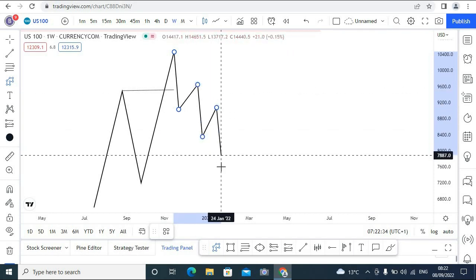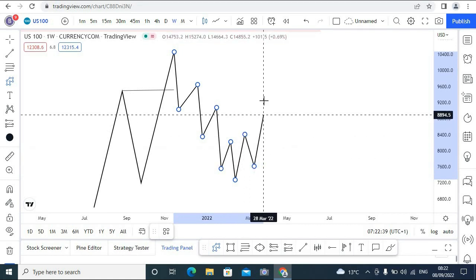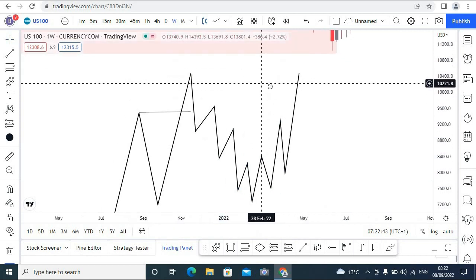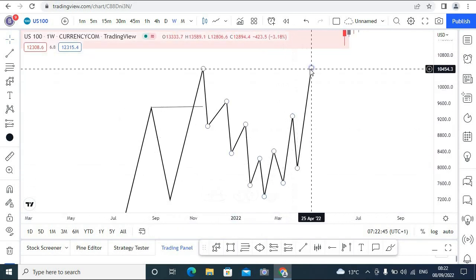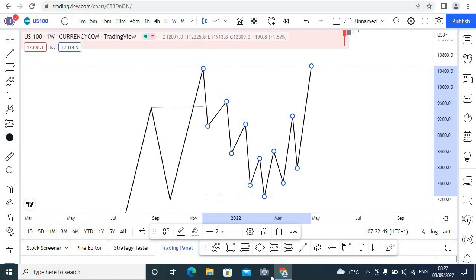Once we have a correction, we want to see a change of character, and then a break of structure for continuation pattern, something like this, and then we anticipate a move until the price goes to the last high, as you can see.